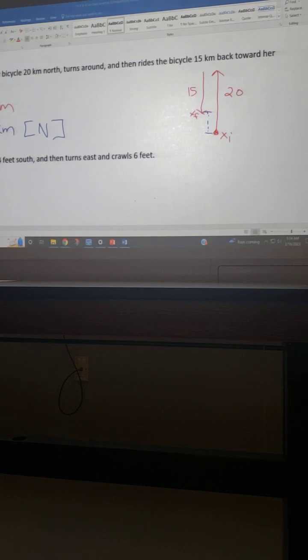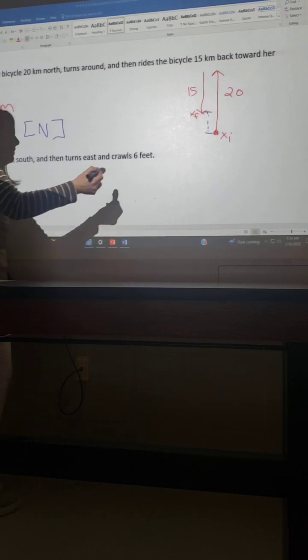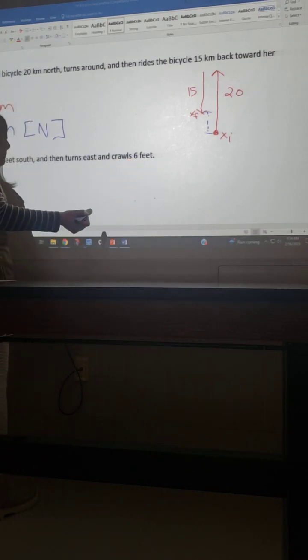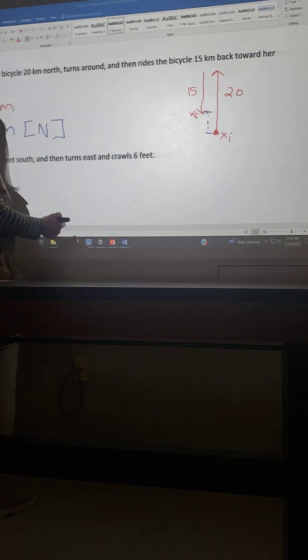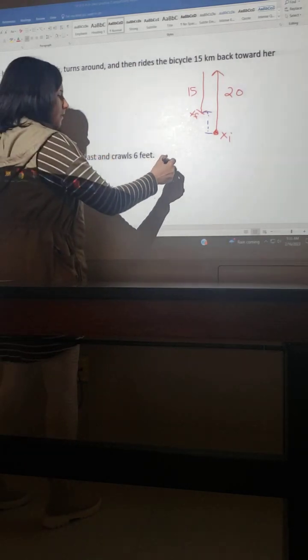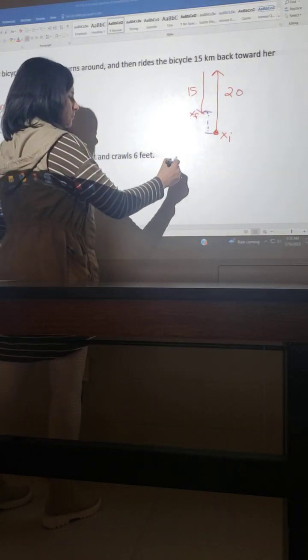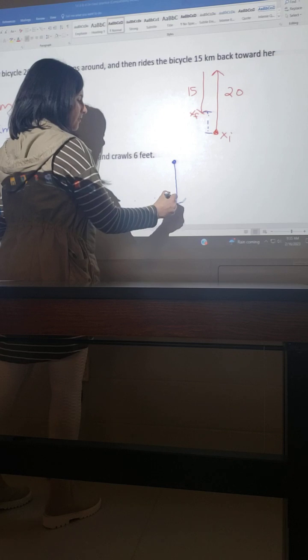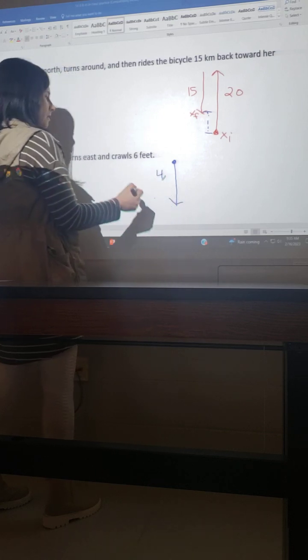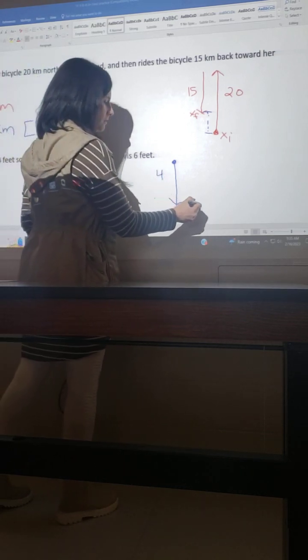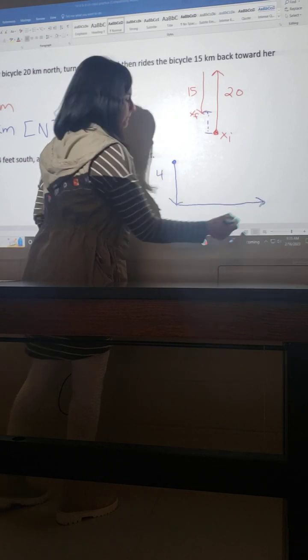It's the trickiest. I'm gonna pull in some old math. So Derek crawls 4 feet south. Okay, I just want to make sure I was leaving myself enough room. So I'm going 4 feet south, and then crawls 6 feet east.